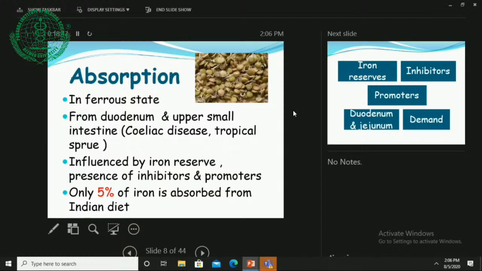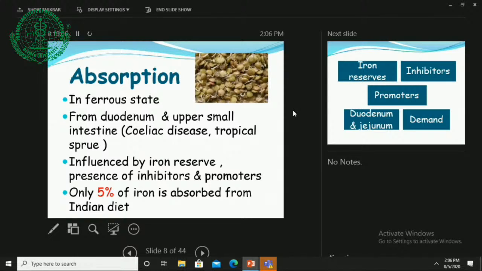Then the factors which influence iron absorption are, first, iron reserve. If iron reserves are depleted or exhausted, the iron absorption is fast. Then it depends on the presence of inhibitors in the Indian vegetarian diet, which interfere. In the next slide I will tell you which are the inhibitors.